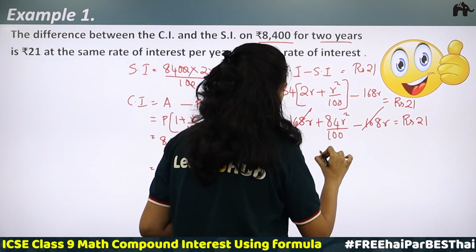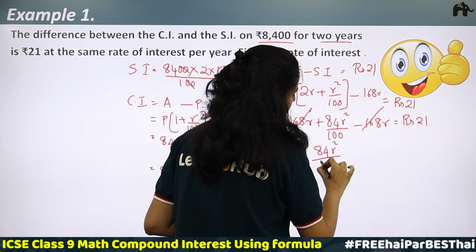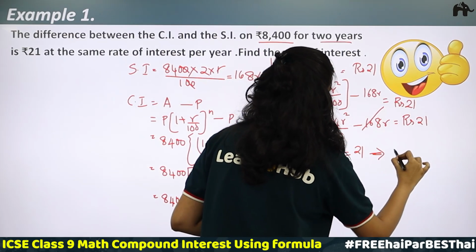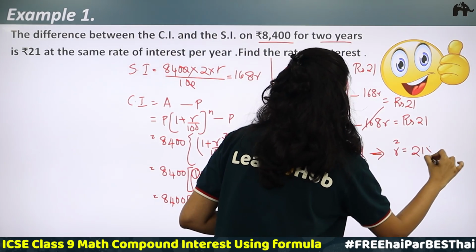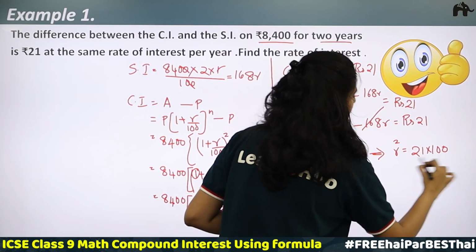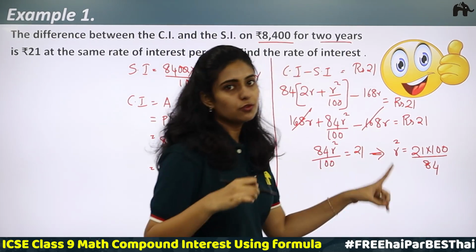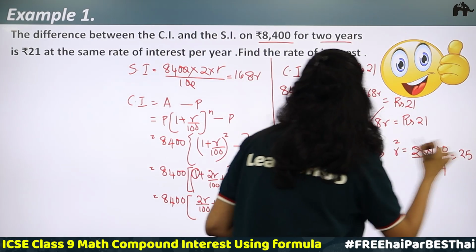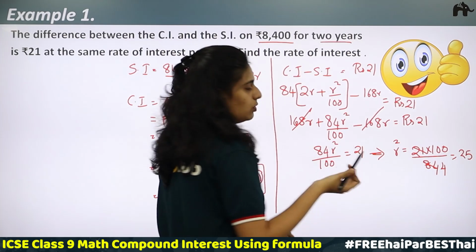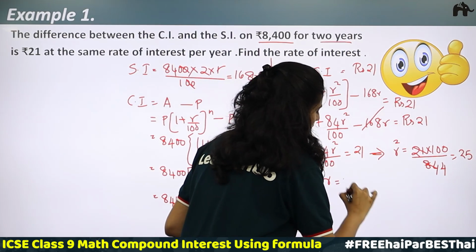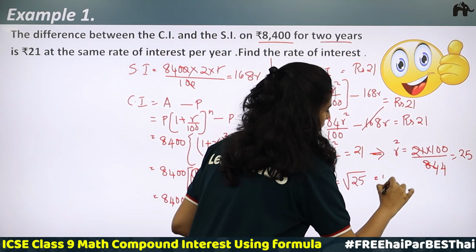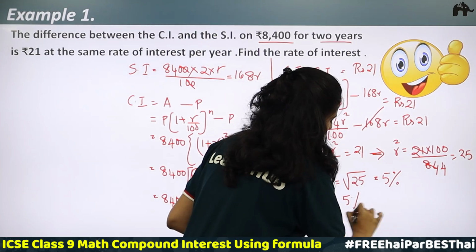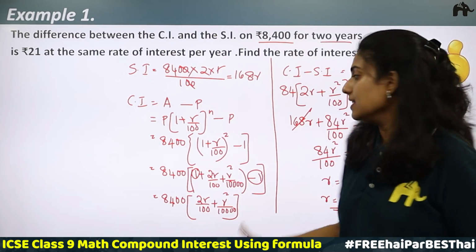Then you will be having 84R square divided by 100 is equal to 21, which implies R square is equal to 21 into 100 divided by 84. 21 into 4 is 84. Cancelling we get 4 here. 100 by 4 is 25. Then R square is equal to 25, implies R is equal to root 25, which is equal to 5%. R is equal to 5%. Okay, the rate of interest here is 5%.